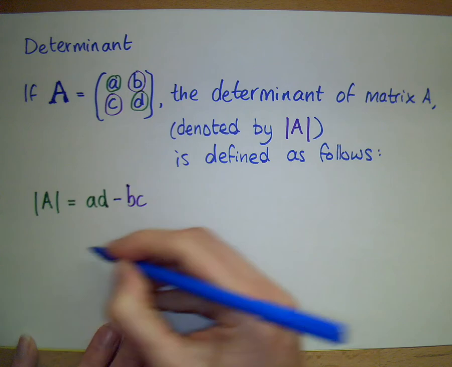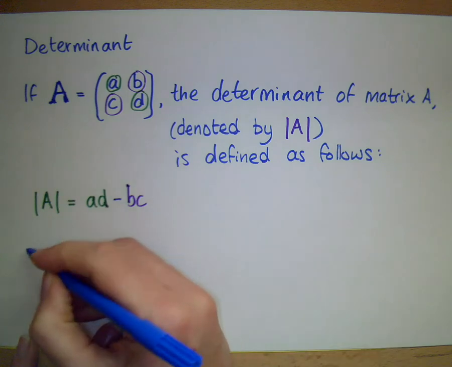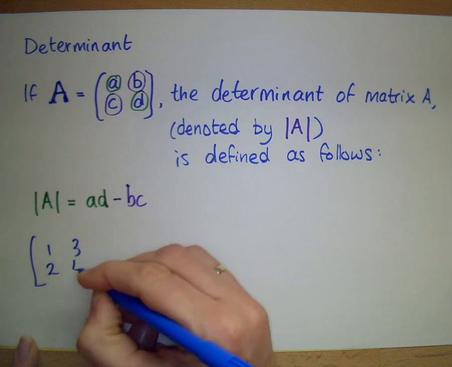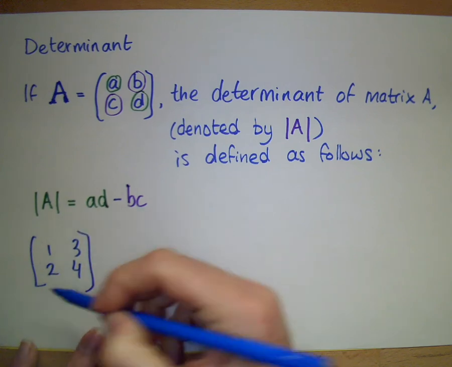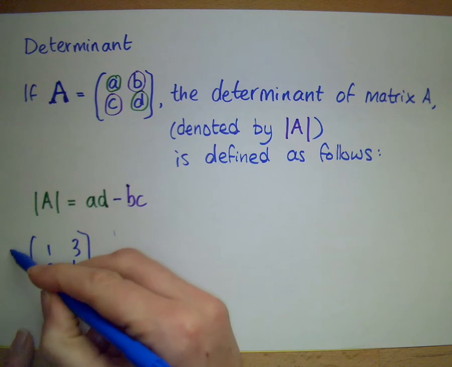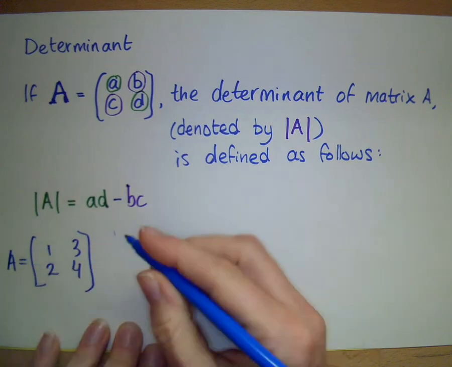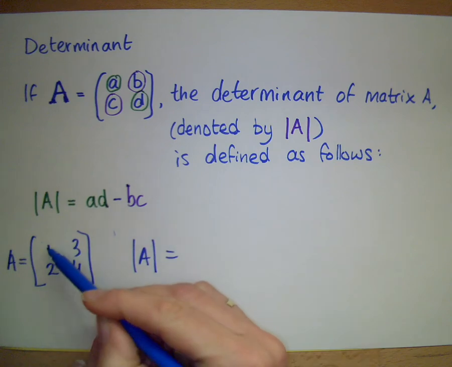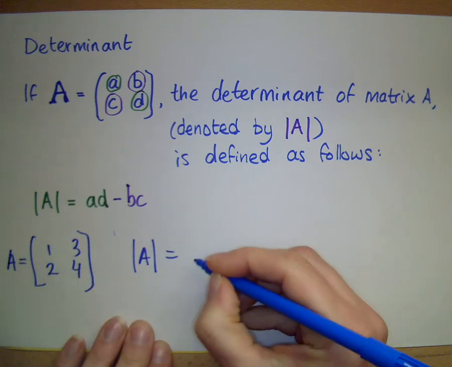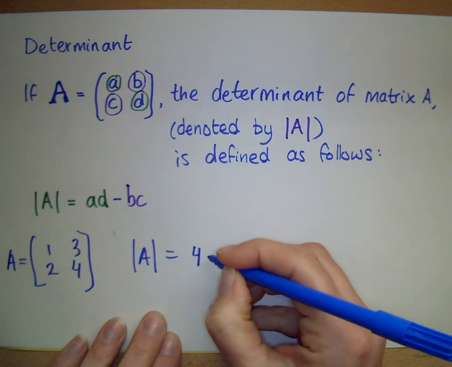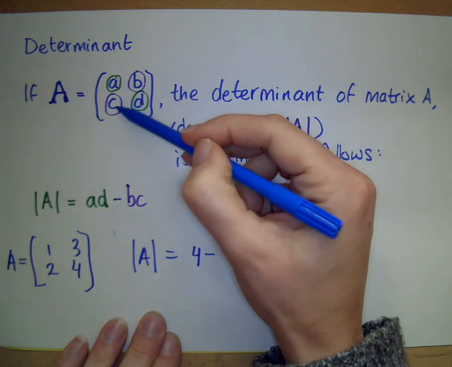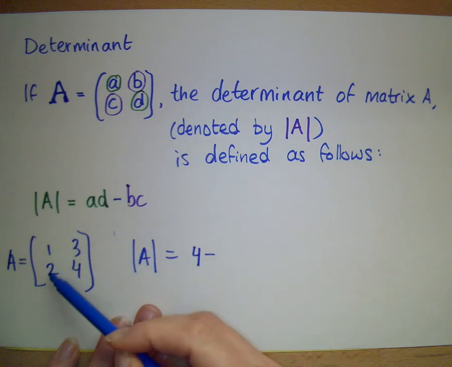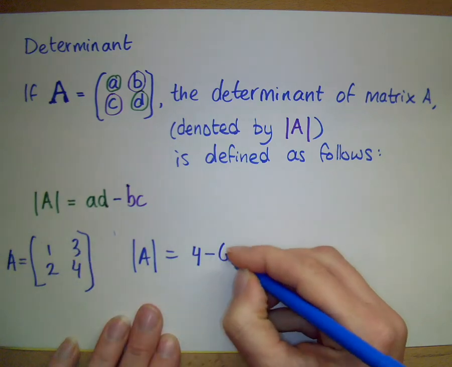If we had the matrix, again, we're only talking about 2 by 2s, right? If this is our matrix A, then the determinant of A equals this term times this term, 1 times 4, 4, minus B times C, minus these two multiplied. 2 times 3 is 6, so minus 6.